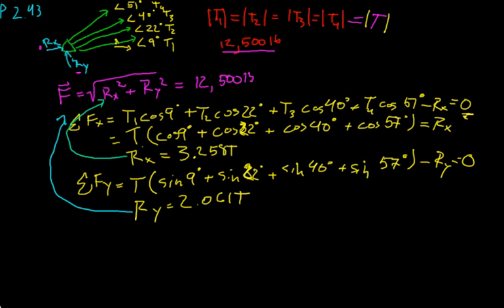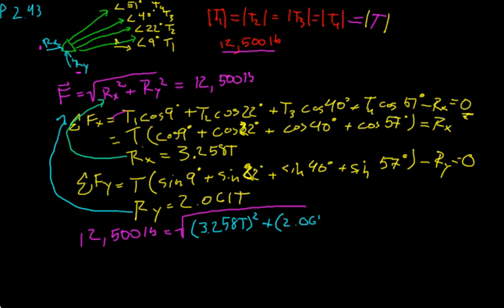So we know that 12,500 pounds has to be equal to the square root of our Rx and our Ry: 3.258T squared plus 2.061T squared.